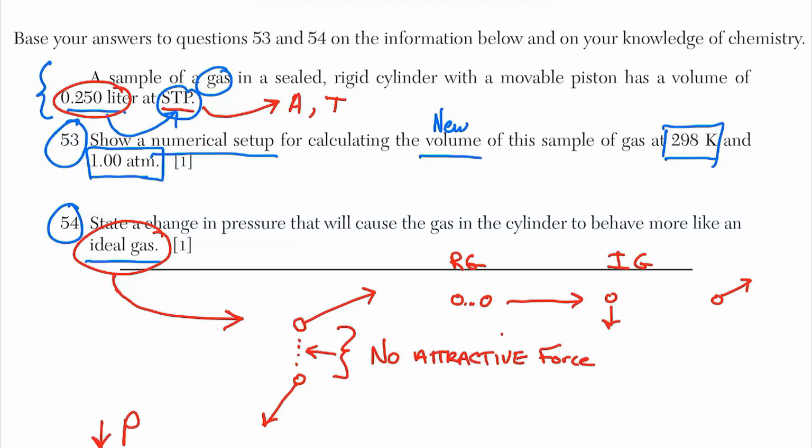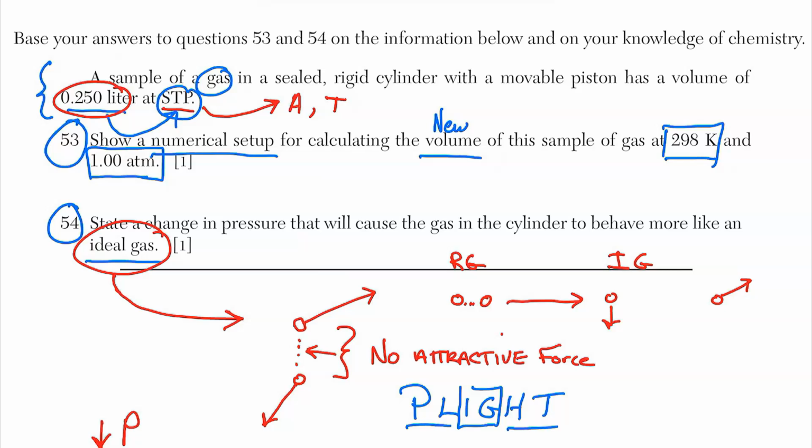Now, if you can't understand the things that I'm explaining here, one easy way to remember this is the word PLIGHT, P-L-I-G-H-T. For an ideal gas, the pressure has to be low and the temperature has to be high.